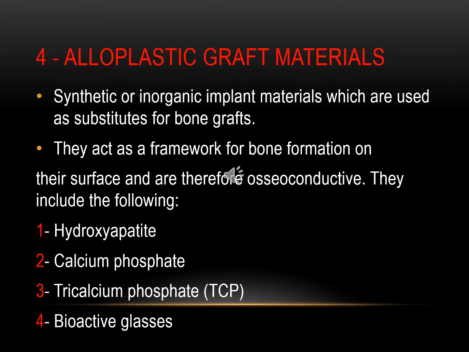Fourth type of bone graft, according to their sources, is alloplastic graft material. This material is synthetic or inorganic implant material which is used as a substitute for bone graft. They act as a framework or a scaffold for bone formation on their surface and are therefore osteoconductive filler material.